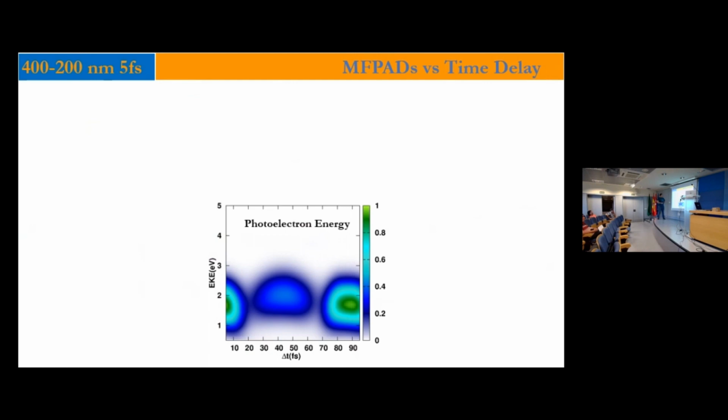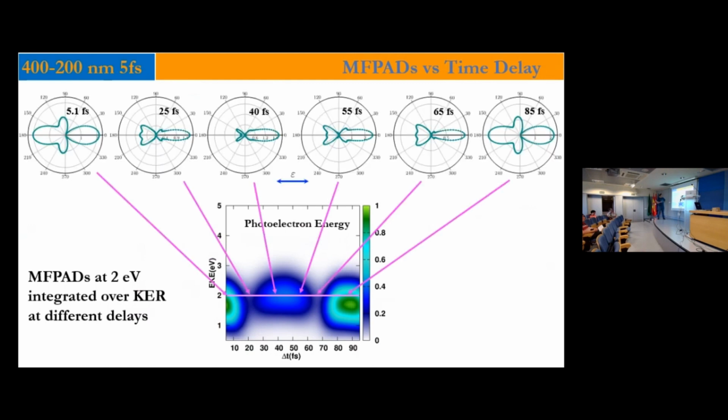We can also look at the photoelectron angular distributions, since we have a very good description of the continuum. For that, we pick 2 electron volts, which is at the center of the distribution, more or less. And we can plot the angular distributions for all of these delays. As you can see, the angular distribution changes drastically, but recovers the same shape for the full vibrational period.